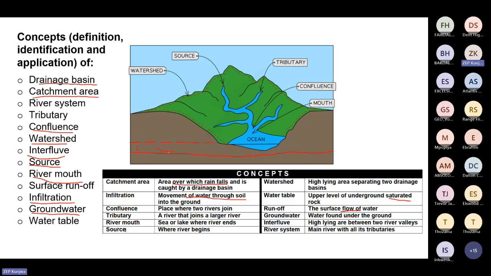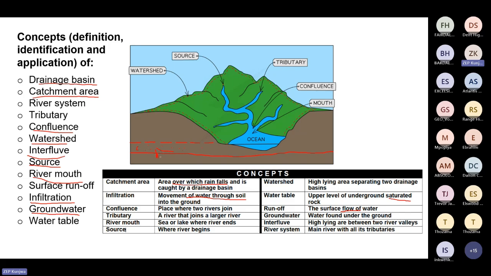But now here, the spaces that you find in the rock that allow water to pass through, that is referred to as porosity. The pores being the spaces between the grains.